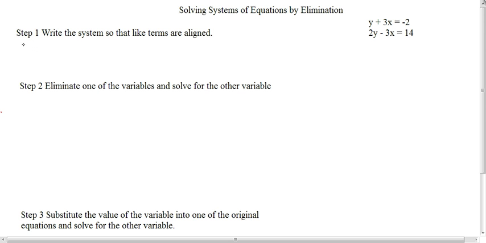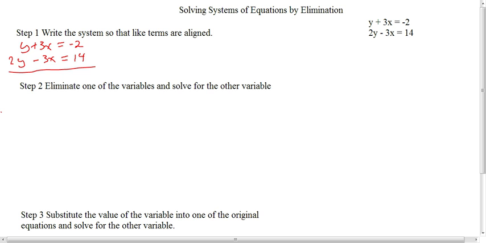We write y plus 3x is equal to negative 2, and directly underneath it, 2y minus 3x is equal to 14. That's what they're asking us to do in step 1: write it where they're aligned.